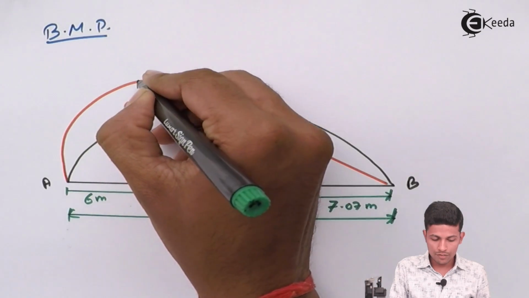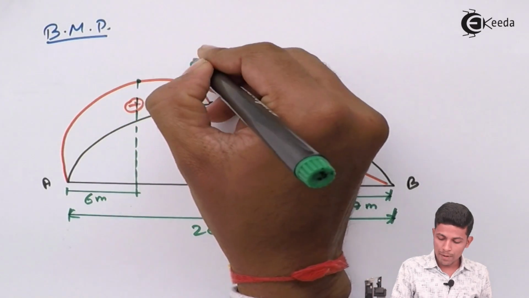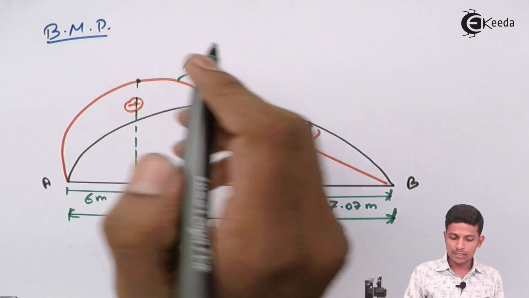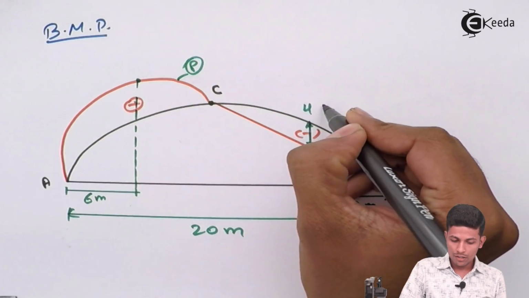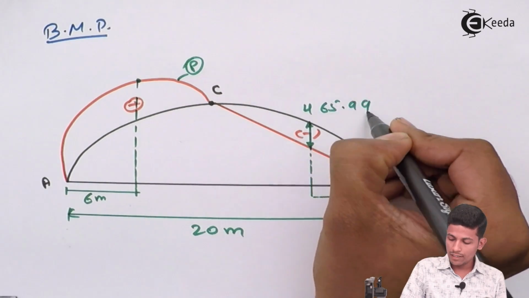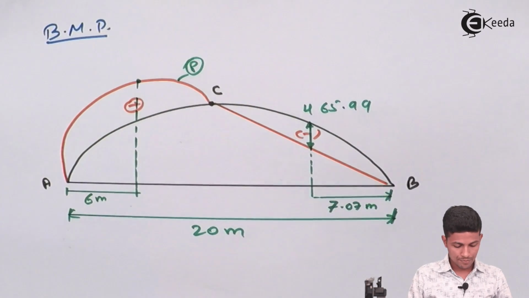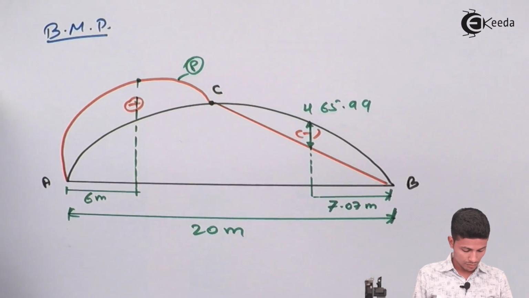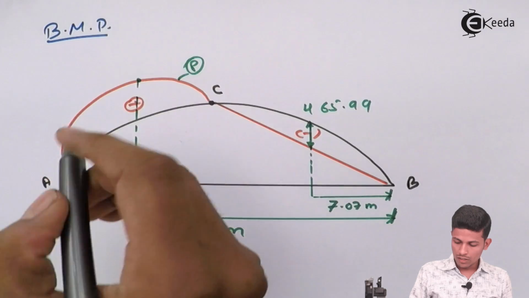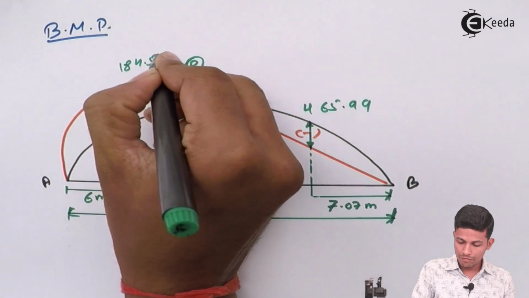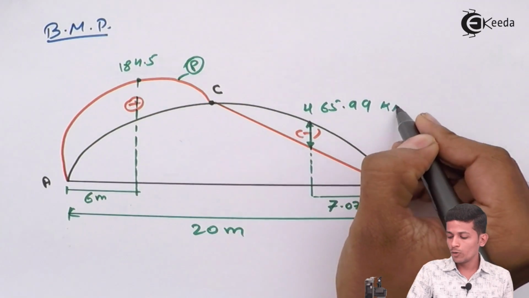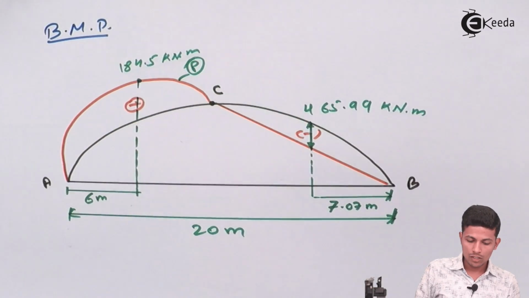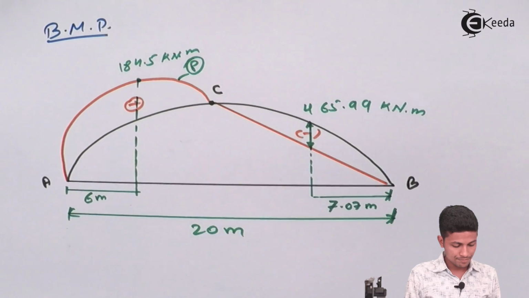Write the values also. This is nothing but a parabolic arch. Write the value over here with minus sign and here plus sign. This will come 465.99 and this value will be 184.5. The unit will be kilonewton meter.